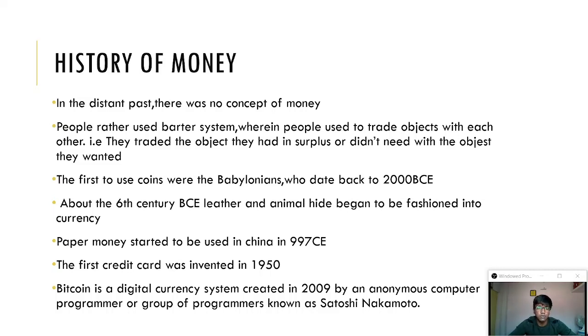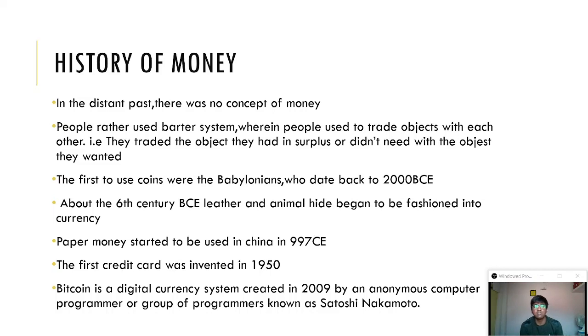The first to use coins were the Babylonians, dating back to 2000 BCE. They used precious metals such as gold and bronze at the time, and they were not printed; they carved some symbols on them, and these were called coins.